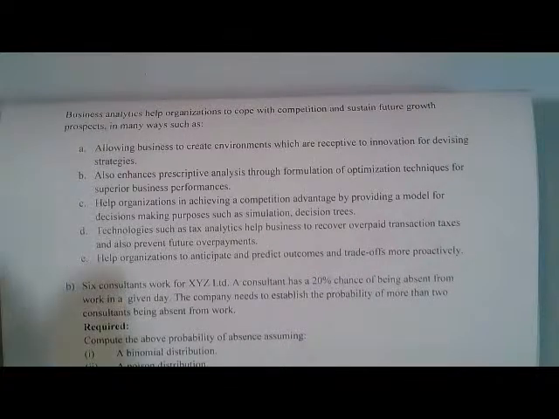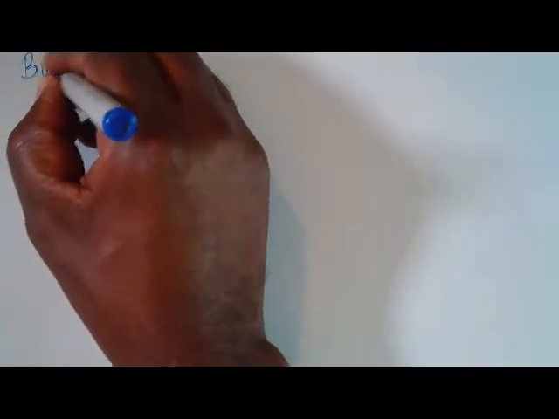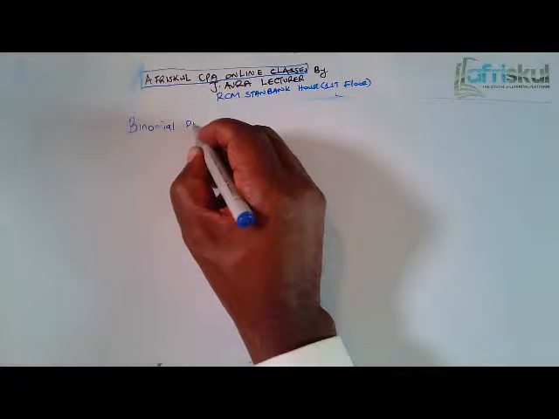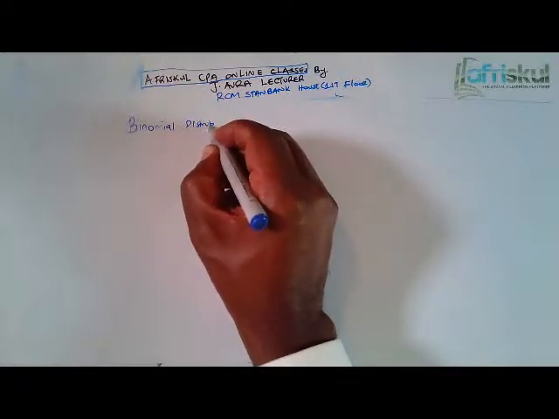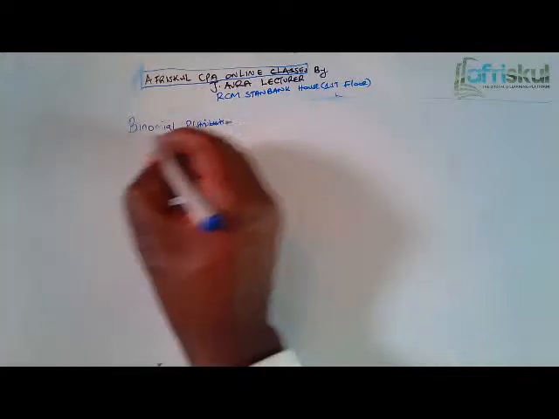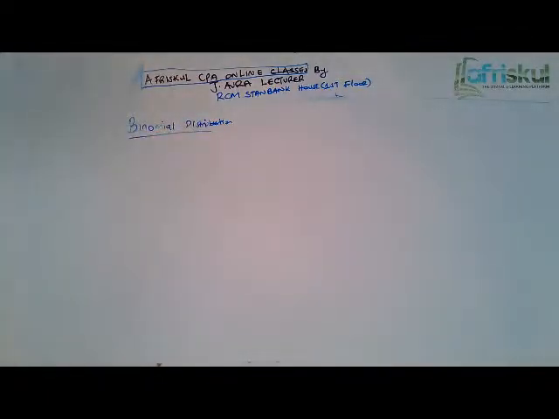Now, ladies and gentlemen, I will start with this binomial distribution. So binomial, bi stands for what? For 2. So you must have a chance of success and a chance of failure.